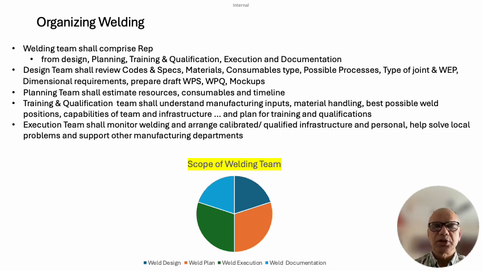That means the edge preparation is good, the angles are good, root face, root gap has been properly maintained, cleanliness has been done, NDT on edge preparation if required has been already done.